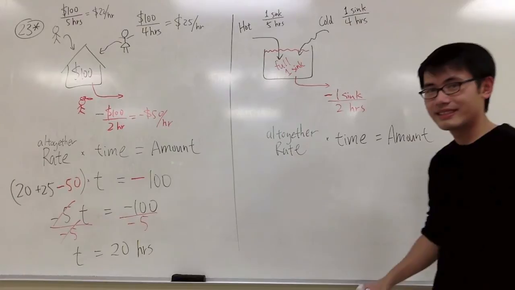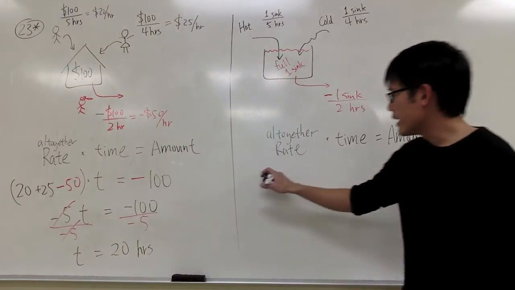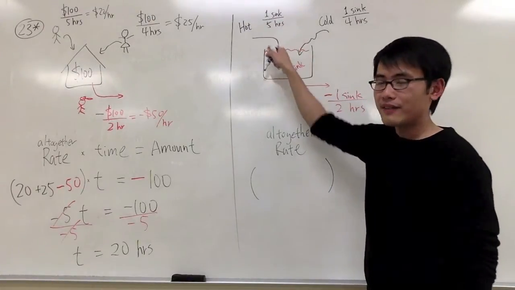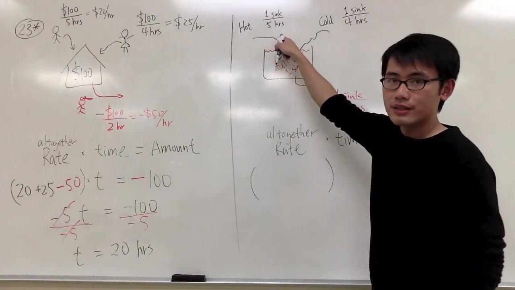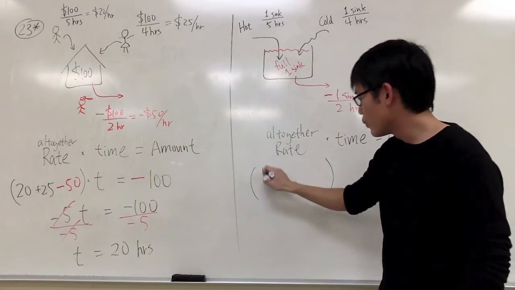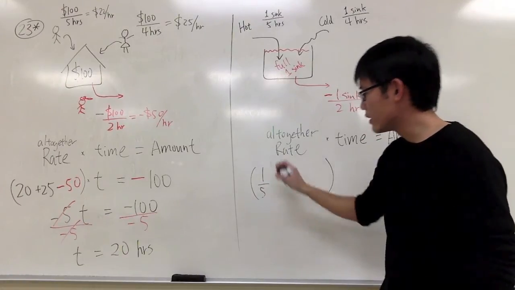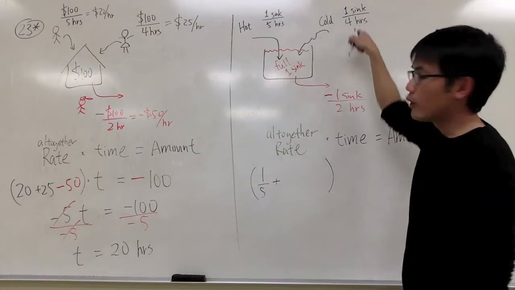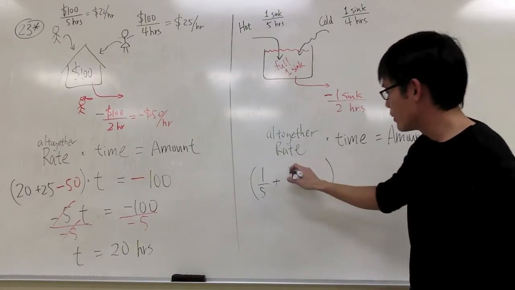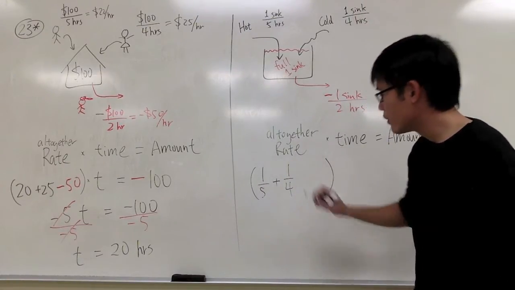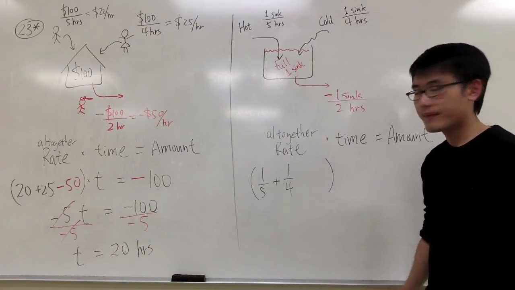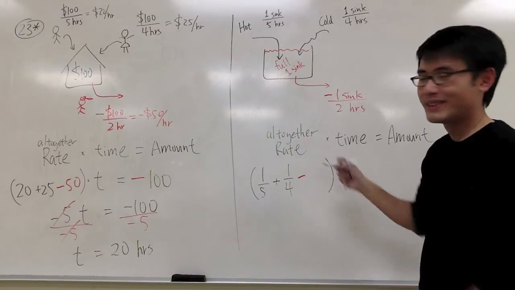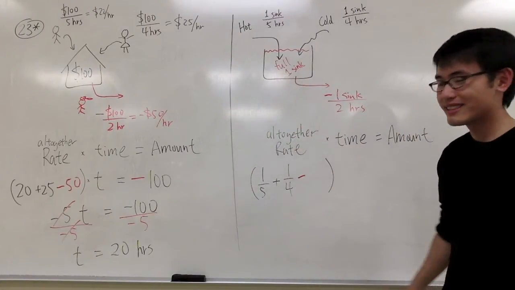the amount. Okay. So altogether, the rates: I have 1 sink over 5 hours, 1/5, plus 1/4 from the cold water, and minus 1/2, because the water is going out.